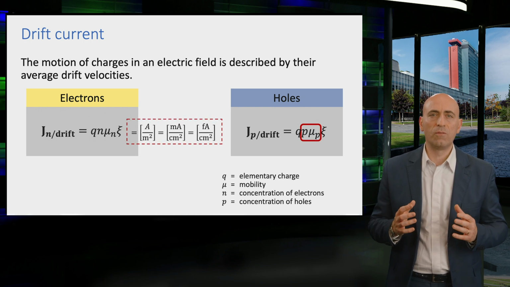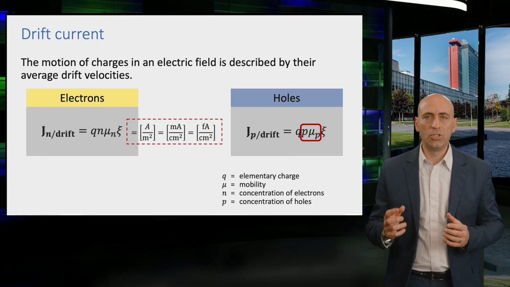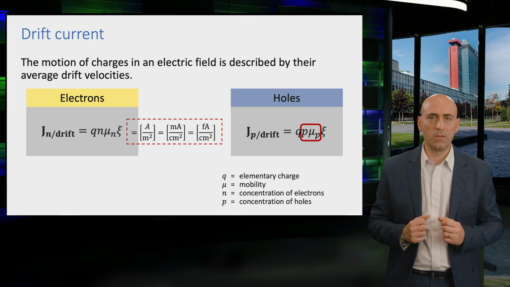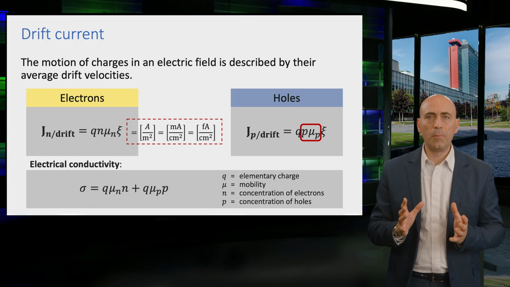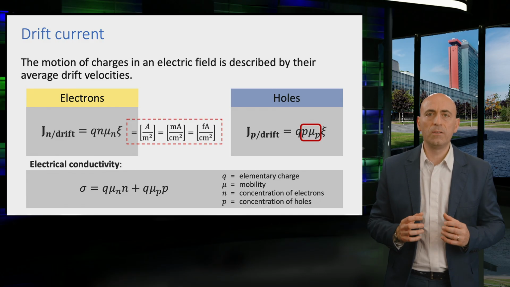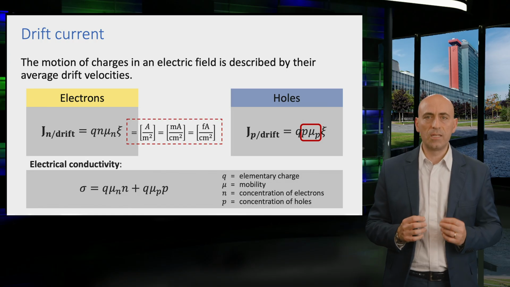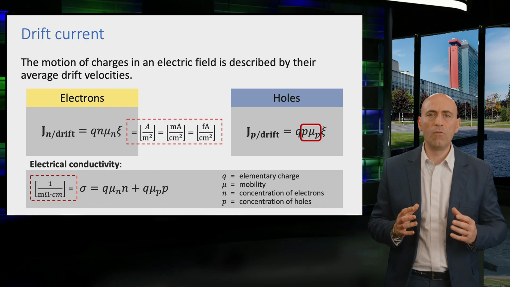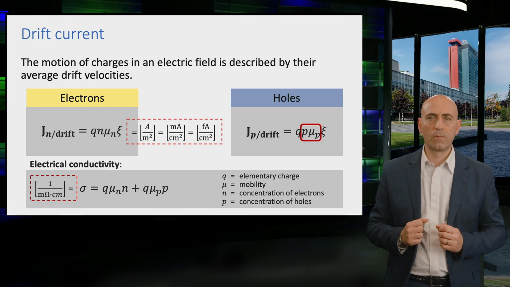With a quick analysis of physical units, we confirm that both the Jn drift and the Jp drift are quantified in femtoamperes per square centimeters. Summing up the proportionality factors between the current densities and the electric field, we determine the electrical conductivity of the semiconductor sigma, which is typically measured in 1/milliohms per centimeter.